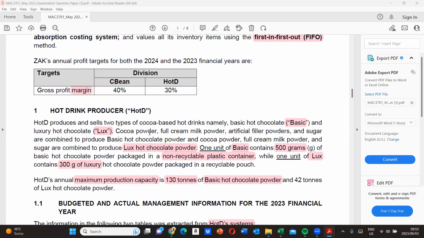Cocoa powder, full cream milk powder, artificial filler powders, and sugar are combined to produce basic hot chocolate.